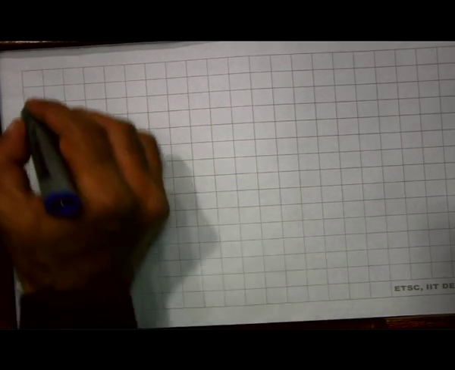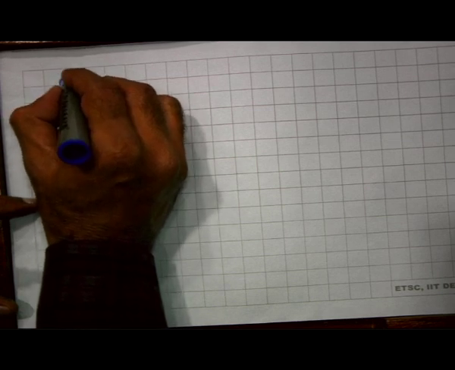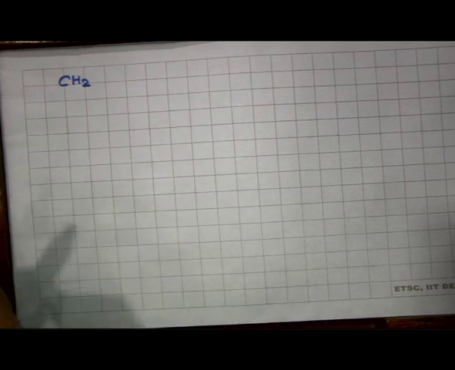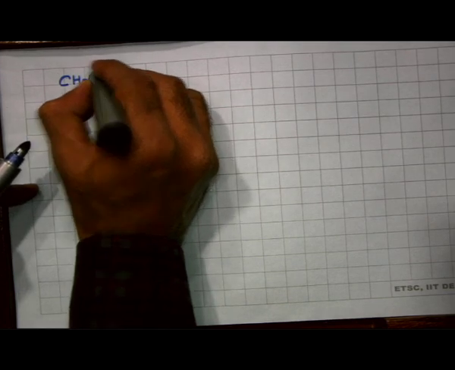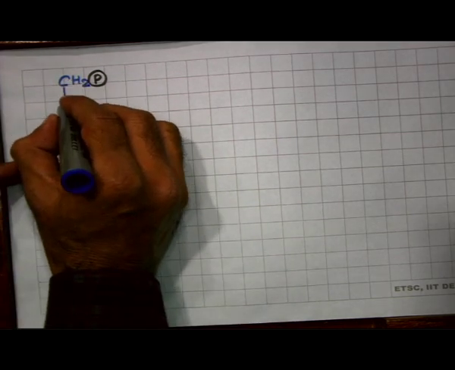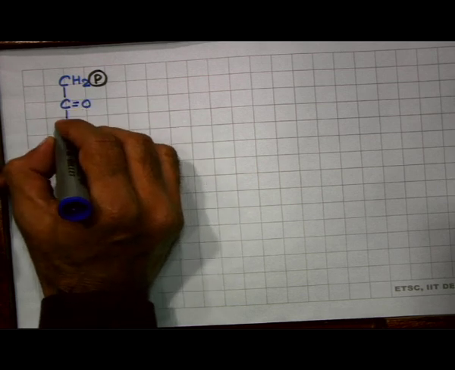So, we can easily write the fructose formula: CH2O, and at carbon 1 we have already discussed that phosphorus is there, and the next is the same as fructose 6 phosphate.